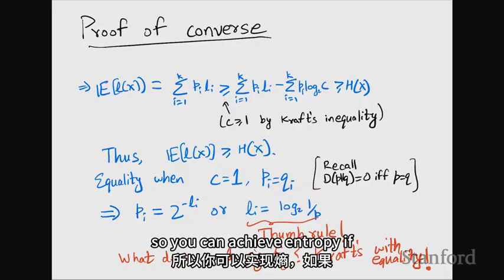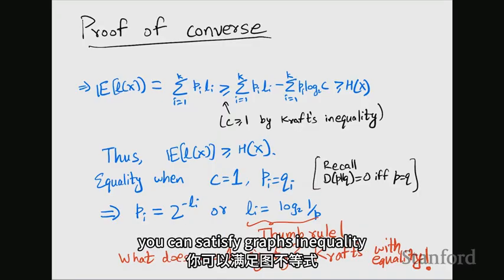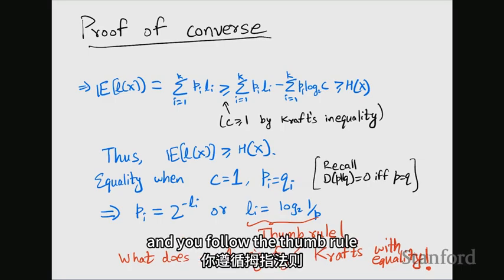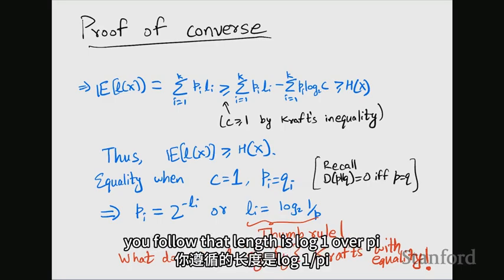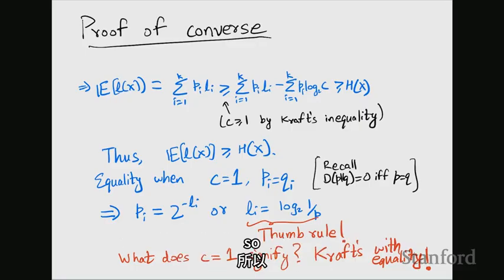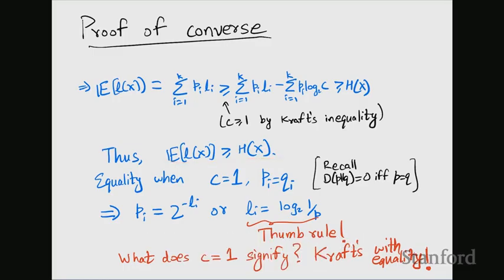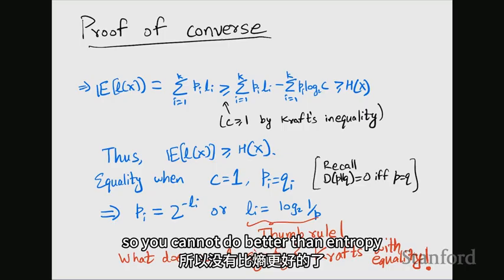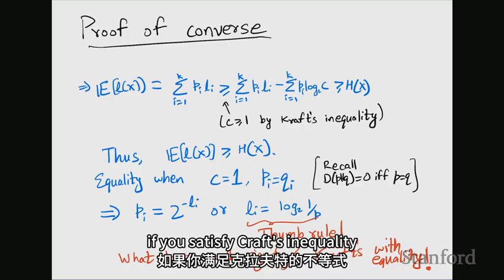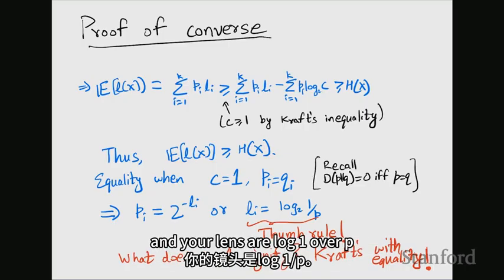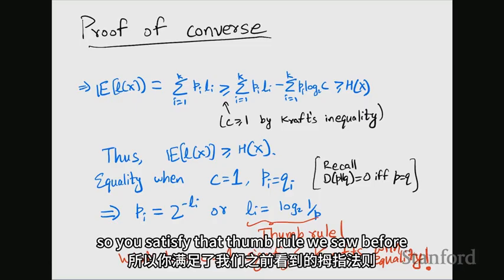So you can achieve entropy if you can satisfy Kraft's inequality and you follow the thumb rule, that length is log 1 over pi. So that's the fact basically. You cannot do better than entropy, and you can do equal to entropy if you satisfy Kraft's inequality and your lengths are log 1 over p. So you satisfy that thumb rule we saw before.